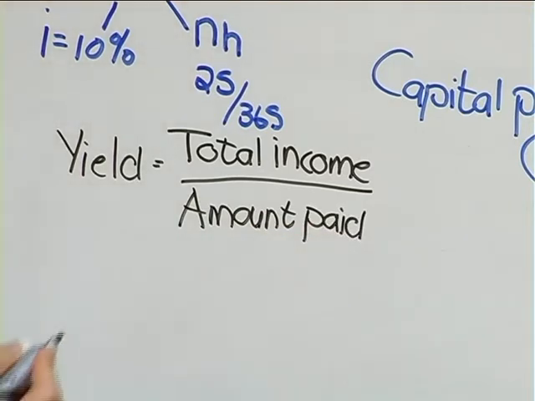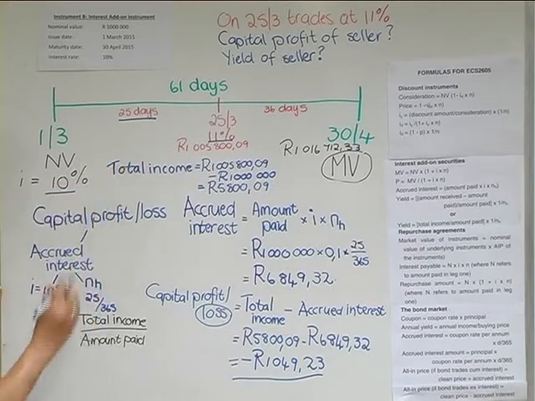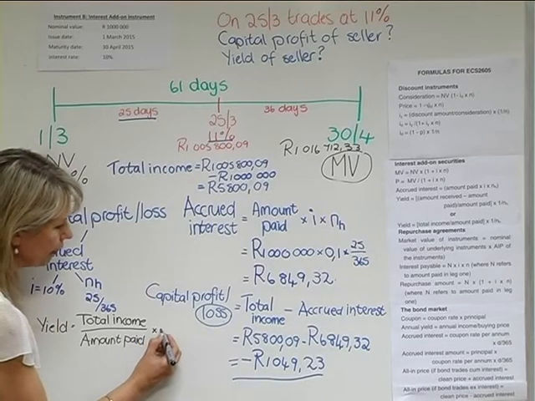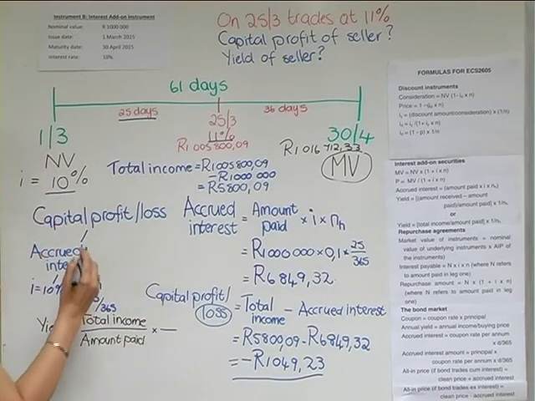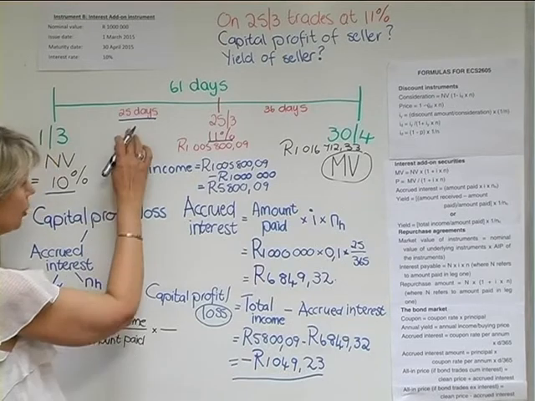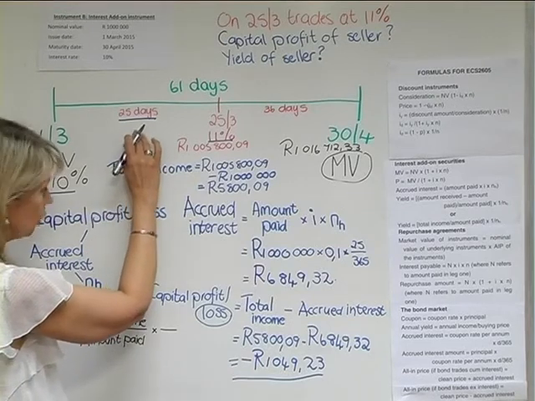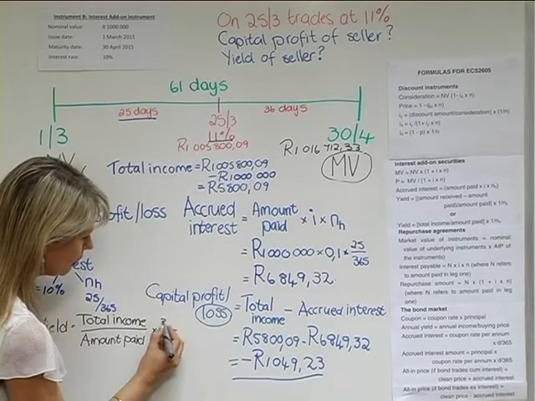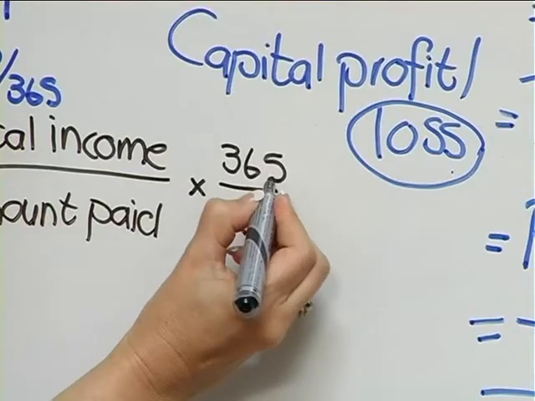Right? But we want an annual yield. We always want to convert it to an annual figure. So we have to divide by the number of days that it belonged to them, the holding period, so 25 days, and multiply by 365.